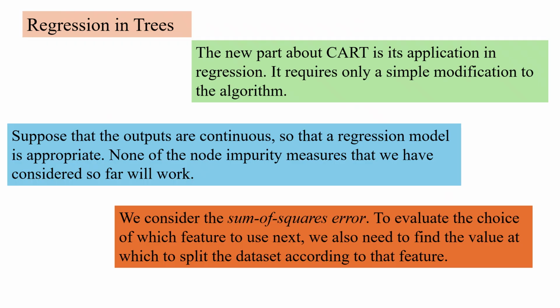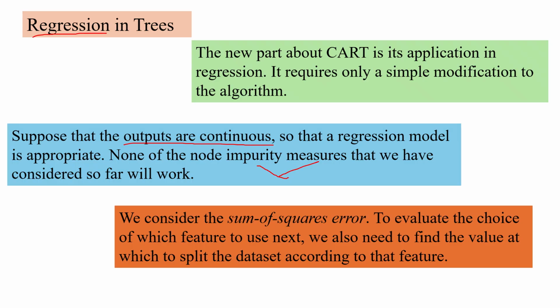Now, we said CART, so there's this regression word in it. The new thing about CART is its application in regression, which means the outputs are continuous. In classification, your target output is discrete or categorical. Now the outputs are continuous, so regression models are required, but the impurity measures have to be different.